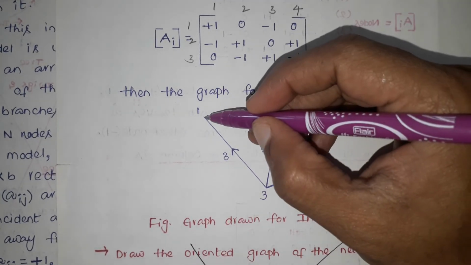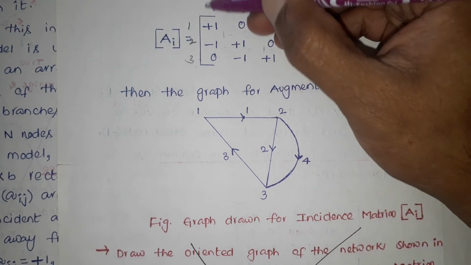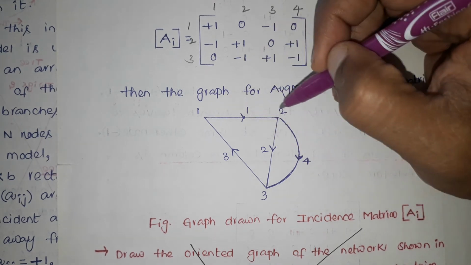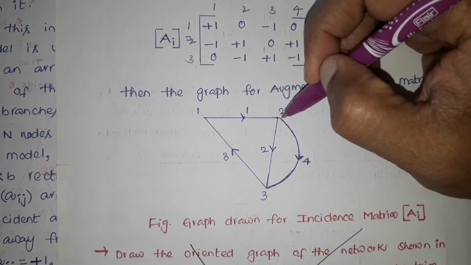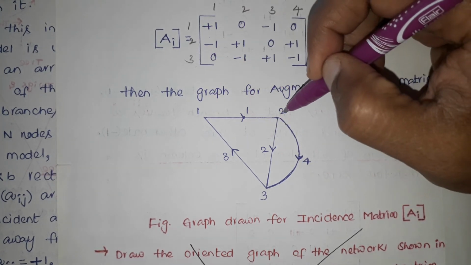So locate those nodes as 1, 2, 3. The first branch is connected between 1 and 2, and current is leaving the first node and coming to the second node.